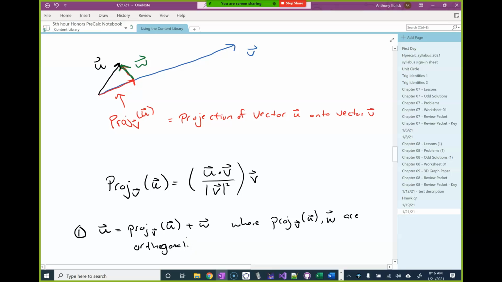The first thing we can say is that the vector u is equal to the projection of vector u onto v plus that vector w, where the projection and that vector w are orthogonal. Again, orthogonal just means they meet at a 90-degree angle.